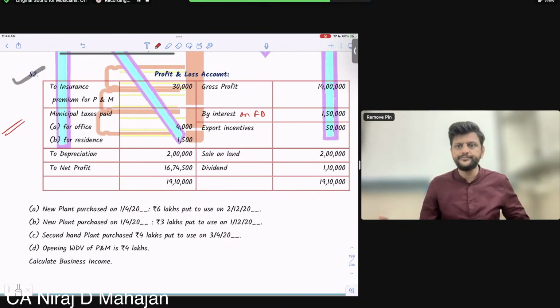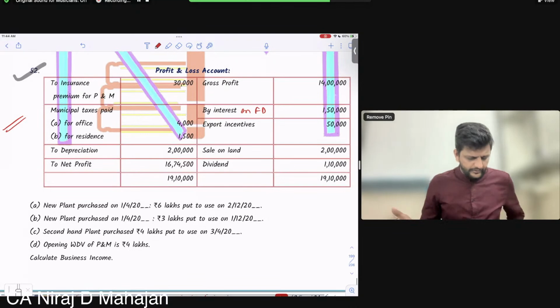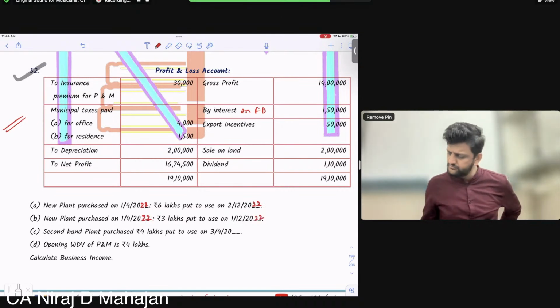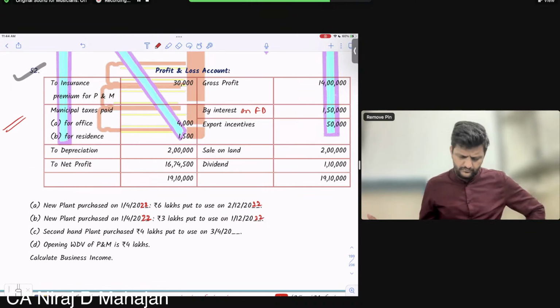Then ready? Now new plant was purchased on 1/4/22, rupees 6 lakhs, put to use on 2/12/22. New plant was purchased on 1/4/22, rupees 3 lakhs, put to use on 1/12/22. Both same. Okay.